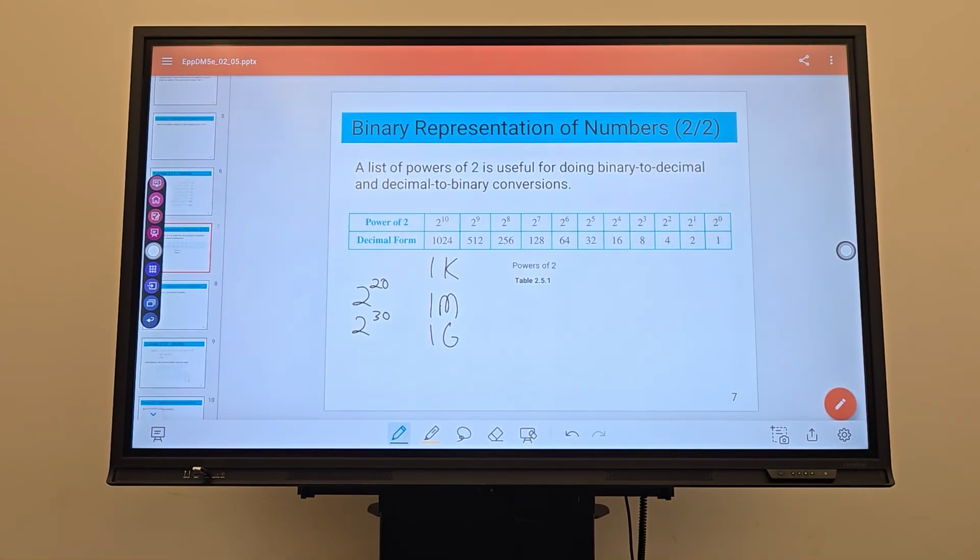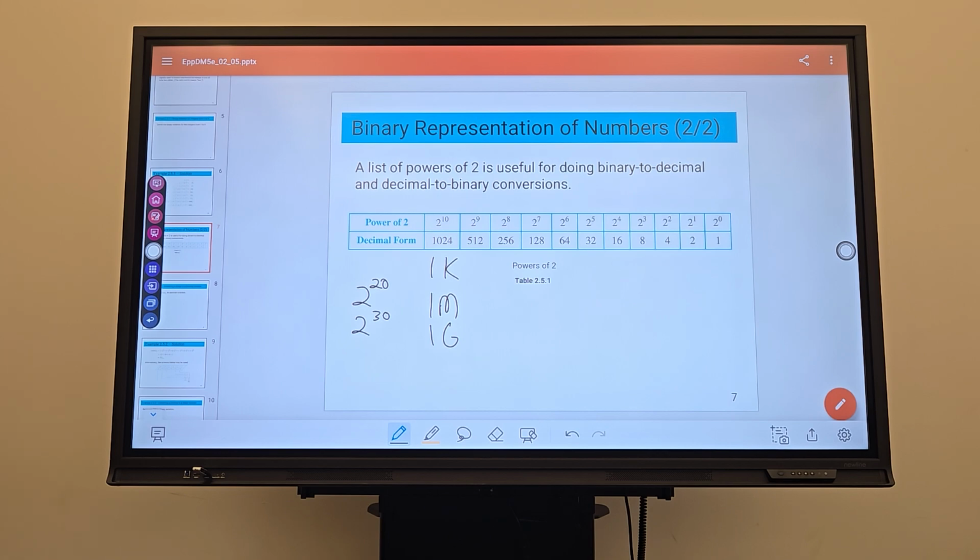Now, why that is important is that the number of combinations that you can have with wires is 2 to the number of wires power.